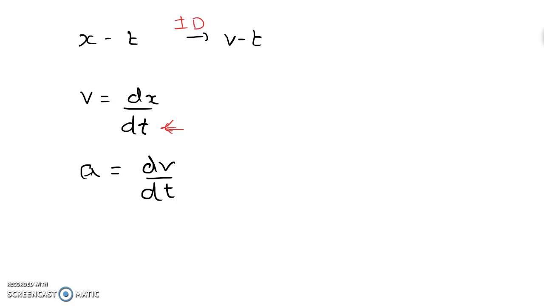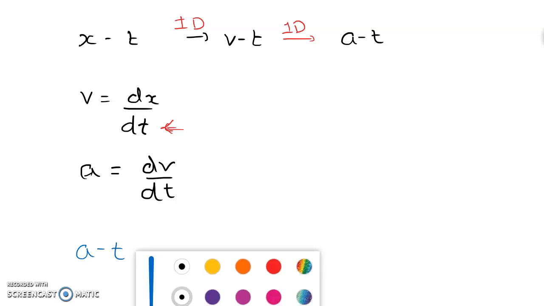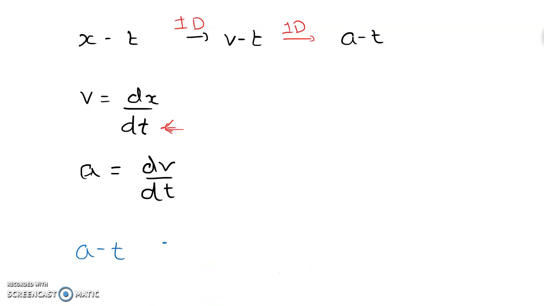If you differentiate again, you get acceleration as a function of time. We can go in the reverse as well. You have acceleration as a function of time and you want the velocity as a function of time. So what would you do?